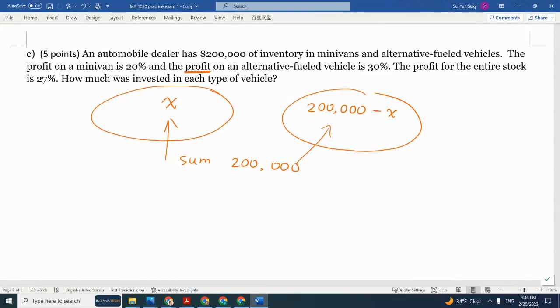The profit for the minivan is x times 20%, and the profit of the alternative fluid vehicle is 200,000 minus x times 30%. Overall, the entire stock is 27%, so the entire stock $200,000 multiplied by 27%.